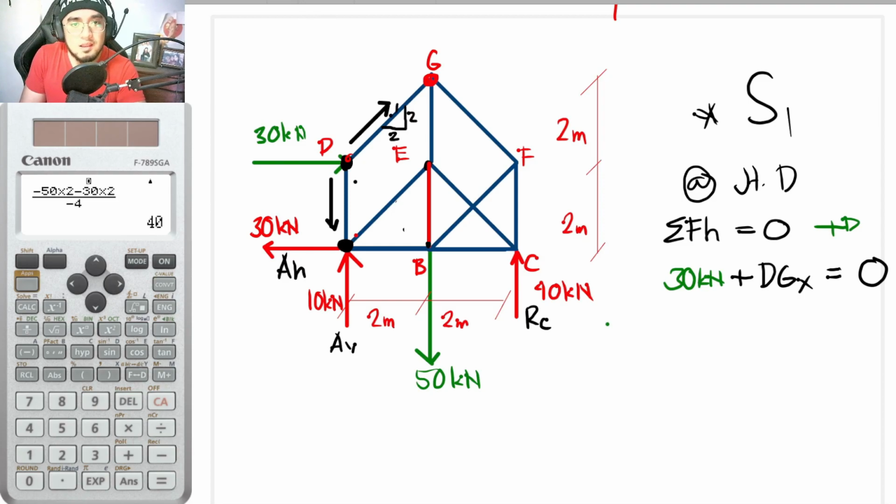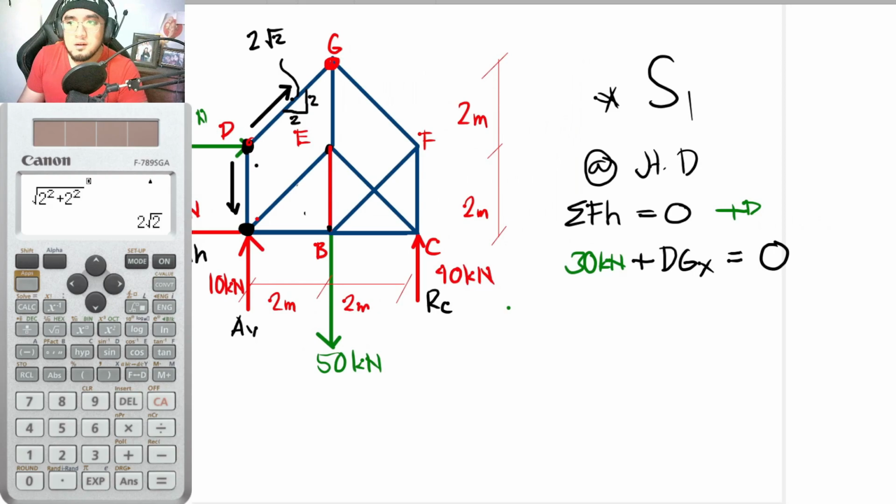With that, we must get the hypotenuse of 2:2. The hypotenuse of that particular slope is equal to the square root of 2 squared plus 2 squared, or the square root of 4 plus 4, square root of 8, that is 2 square root of 2. Okay, so with that, for DGX, if this is the force triangle, and let's say that this is DG, and this has a slope of 2, 2, and 2 square root of 2.